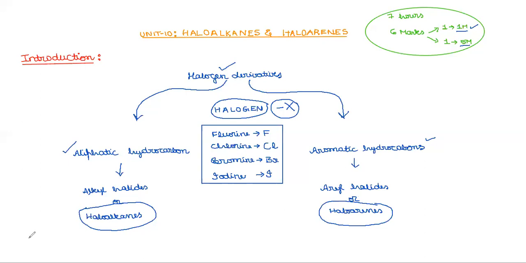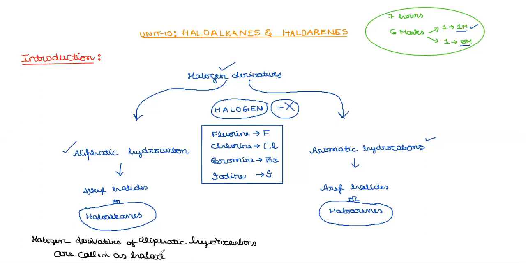Hence, the proper definition for haloalkanes is that the halogen derivatives of aliphatic hydrocarbons are called haloalkanes or alkyl halides.